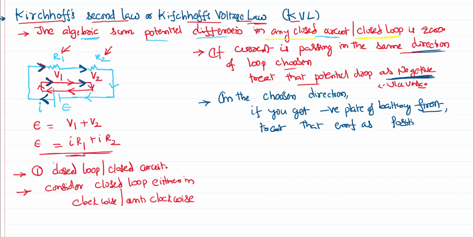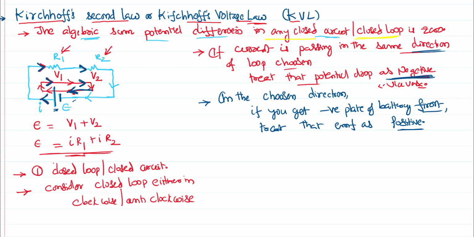Means what? In the chosen direction, if you get the positive plate of the battery first, then treat that EMF as negative. See here, you are going in this way, in the clockwise direction you have chosen. You got the negative plate of the battery first. After that, in the chosen direction, you are crossing the positive plate of the battery. So this EMF shall be treated as positive, right?